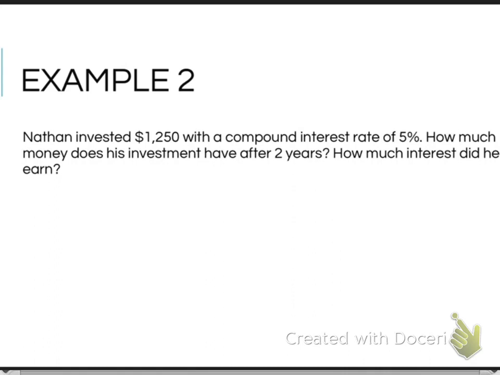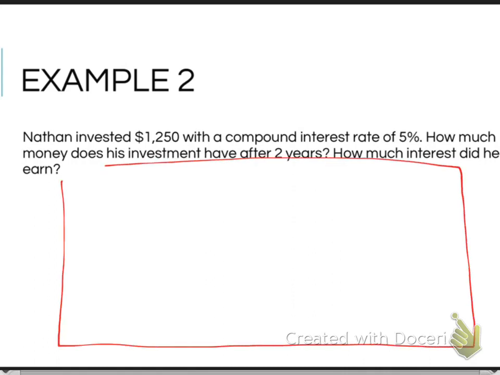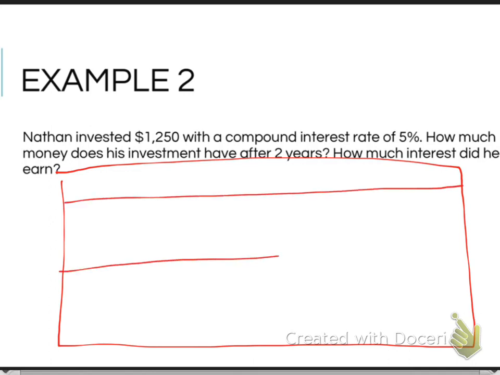So let's try this again. This time Nathan wants to know what it's going to be like after 2 years. So I need a table where I calculate after 2 years. We have years, the first year, and then he's going to do the second year.